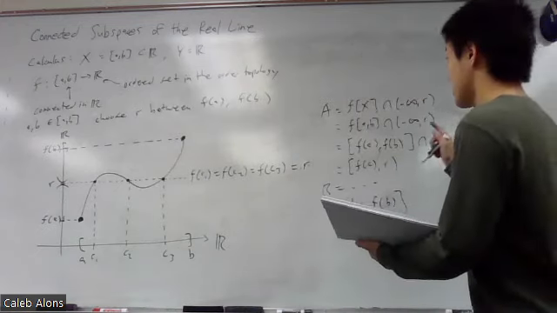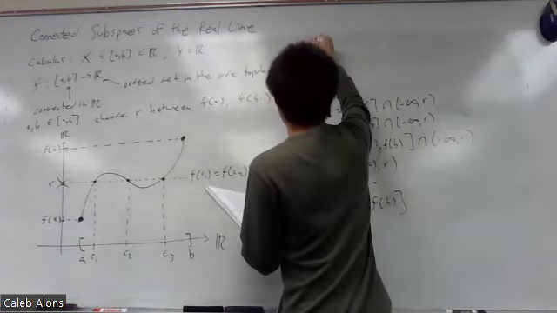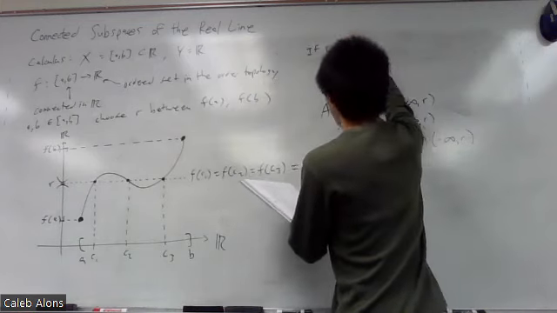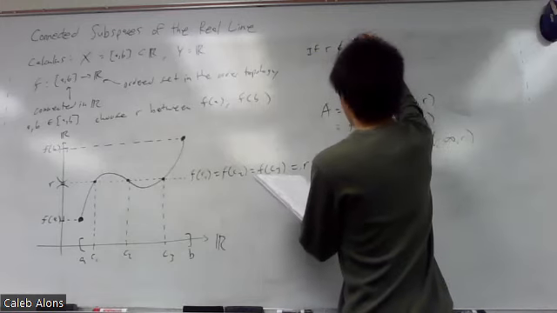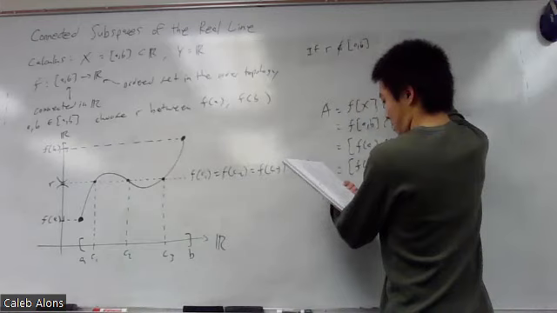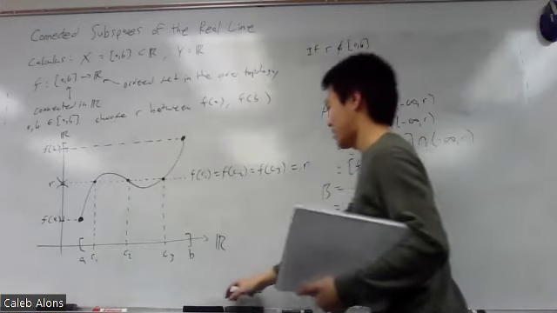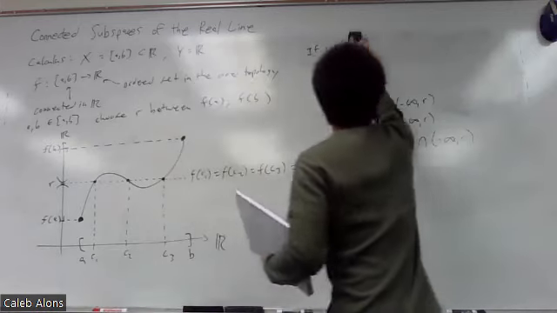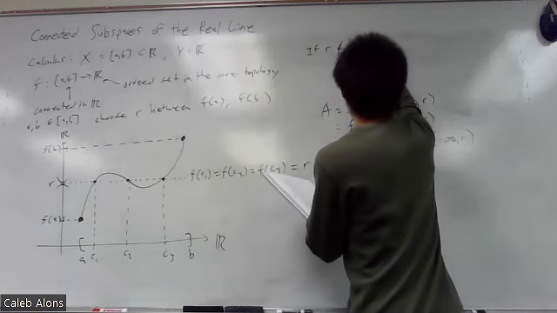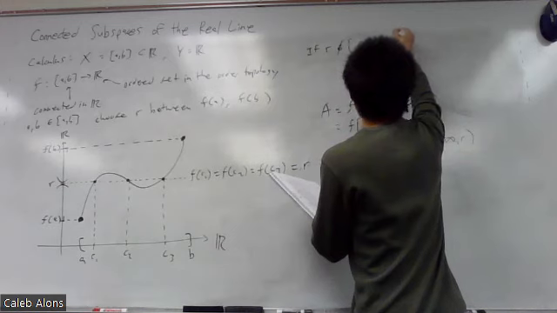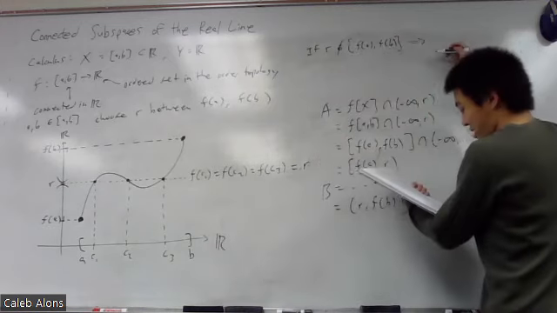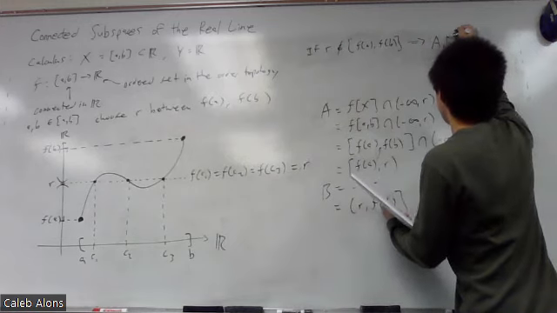And then here's how you can see it by contradiction. If r was not in the image, so the image would be [f(a), f(b)], then that means A and B actually become a separation.